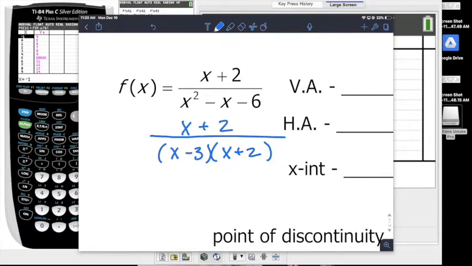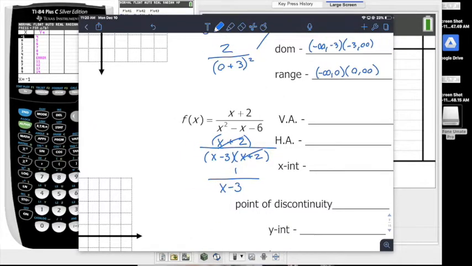Okay. And what's significant about this one here is the x plus 2. These are going to actually cancel each other out here. So then this is just 1 over x minus 3.